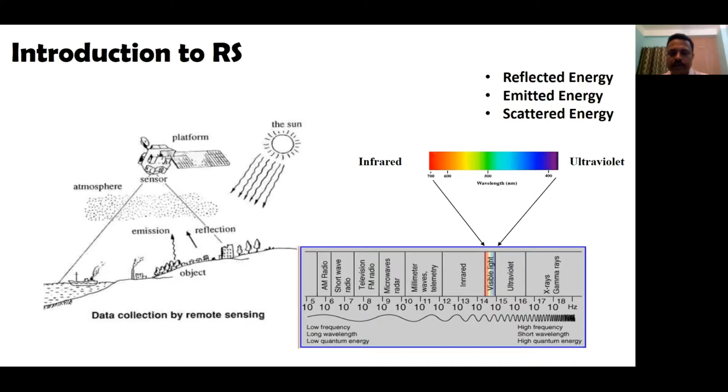Microwaves have a range of wavelengths in the order of millimeters and centimeters, which are far bigger compared to the visible light or the infrared. But some sensors are designed to capture this range of wavelengths as well.